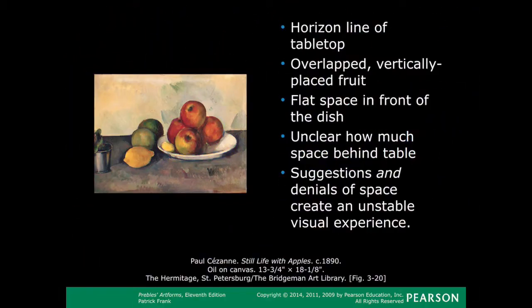So artists can create depth, and you can see the artist does a few things here. Paul Cézanne is a very popular artist. He was alive and popular during the time Van Gogh was alive, and also artists like Picasso and Renoir. Many of these popular artists that we're going to talk about were actually alive during the same time, and we're going to talk a little bit about that later.